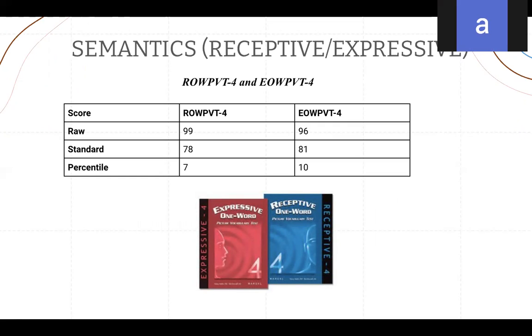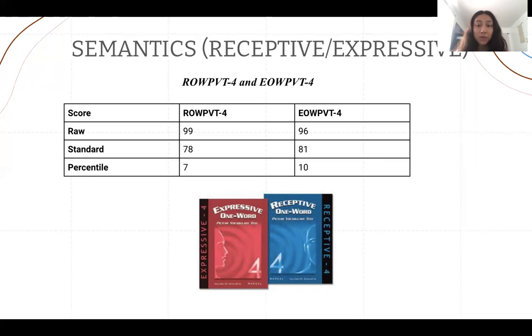Okay, so now we're going to talk about receptive and expressive language pertaining to semantics. The tests that were used were the formal assessments of the ROWPVT-4 and the EOWPVT-4. Both tests measure appropriate vocabulary, and the ROWPVT assesses receptive vocabulary by asking the student to point to the correct picture from a field of 4 images when describing an object, action, or concept.